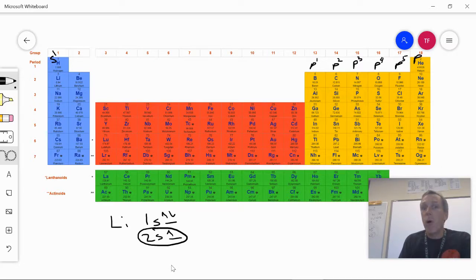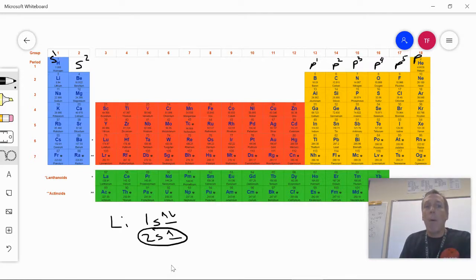Now, following what we saw over here, every element in the second column is going to end in s2. Remember, there's only one type of s orbital. Once it has 2 electrons, it's completely full. Notice we have s1 and s2, and there's no more column in this section because there's no such thing as s3. You can't have 3 electrons in an s orbital, and there are no more s orbitals on any energy level.